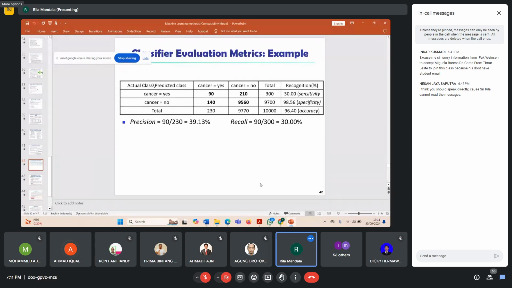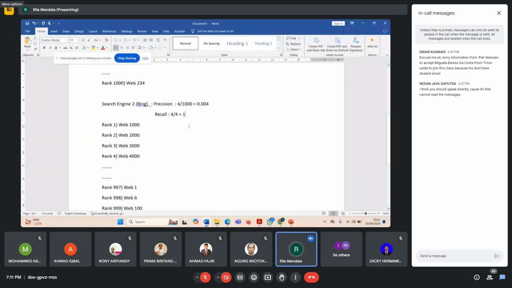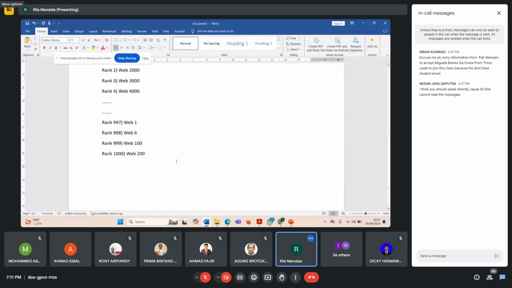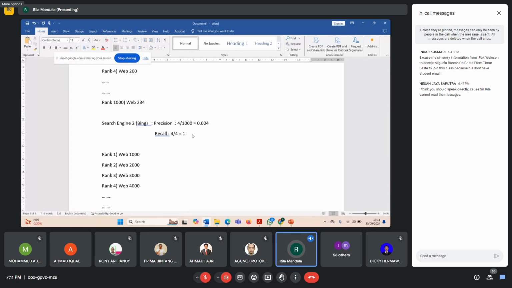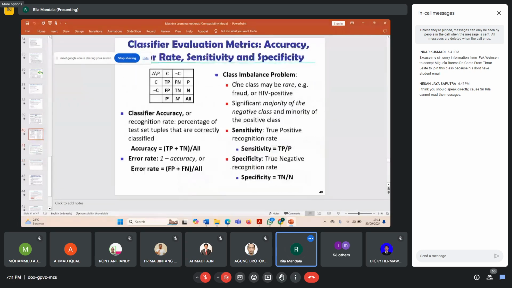Okay, in my examples, true positive equals 4, right? Now, what is the false negative in the slide here?